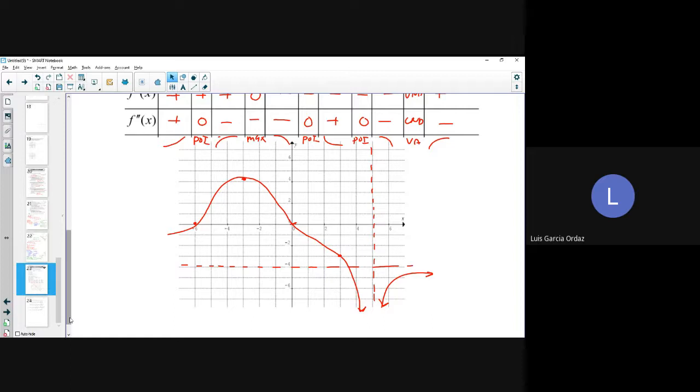So like I said, oh, I just added that as a point of inflection, sorry. It should be towards the bottom. That was my bad. I'm just showing it that it crosses, but it would not be included.